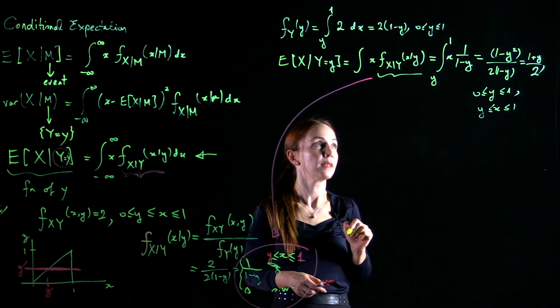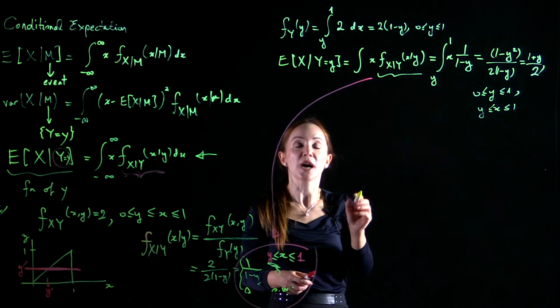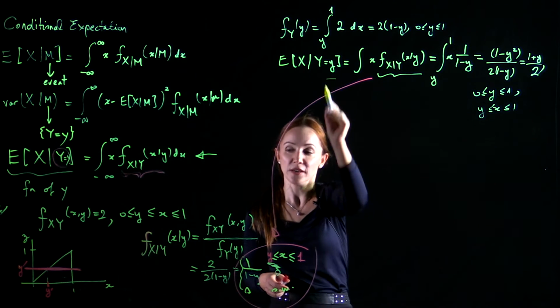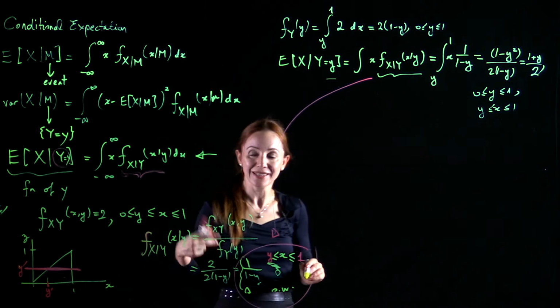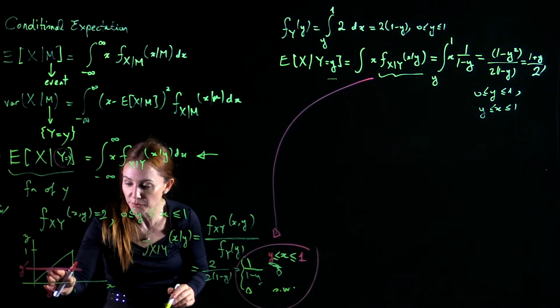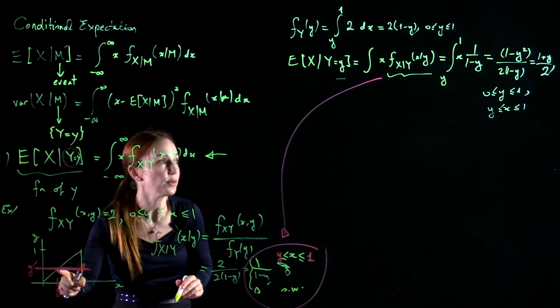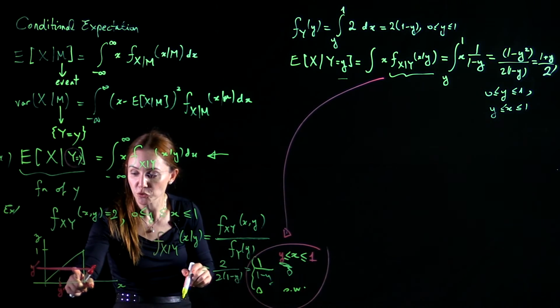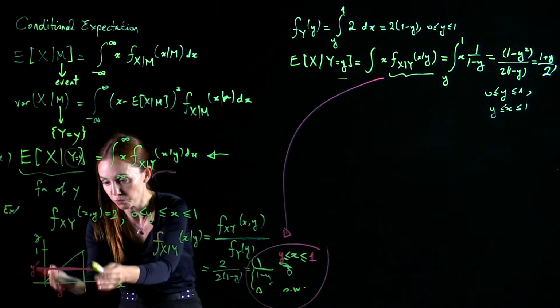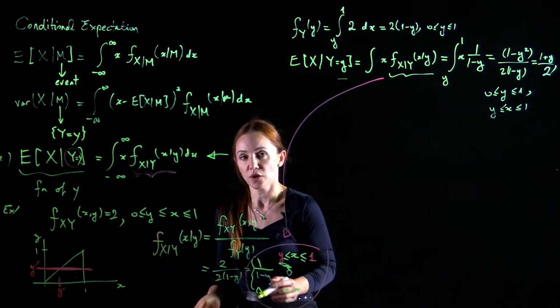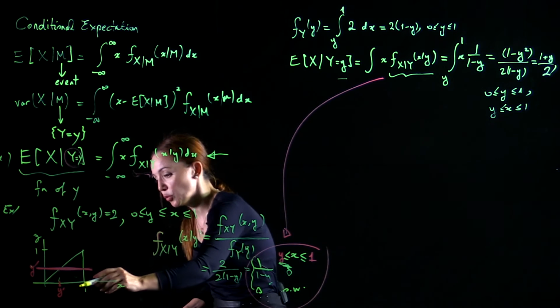So we found that given a value of y between 0 and 1, the conditional expectation of the random variable x is simply y plus 1 over 2, which makes a lot of sense retrospectively when you look at this.